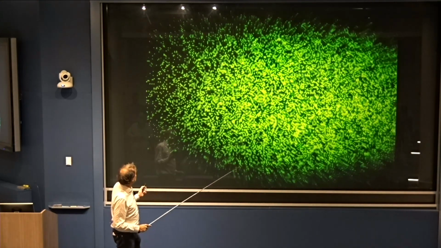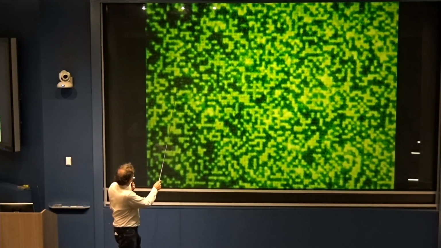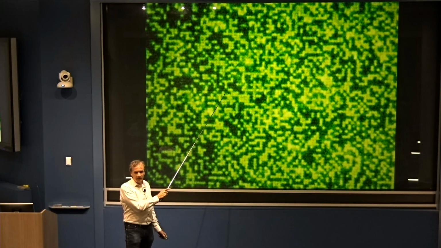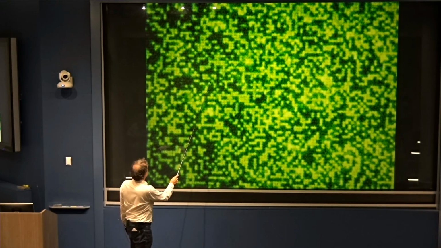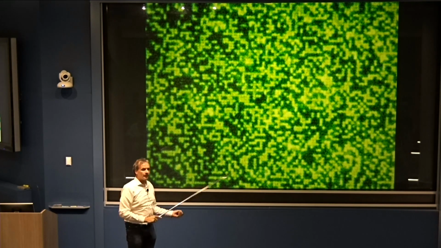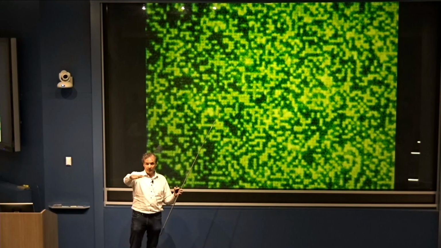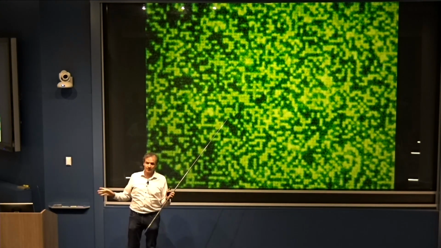And if you look closely, you see that these dots are arranged on a regular grid. These are atoms in the optical lattice, right? So each dot here is exactly one atom that is trapped in this optical lattice, which you can think of like an egg crate kind of potential landscape where the individual atoms sit.